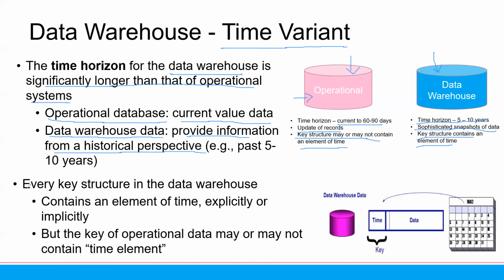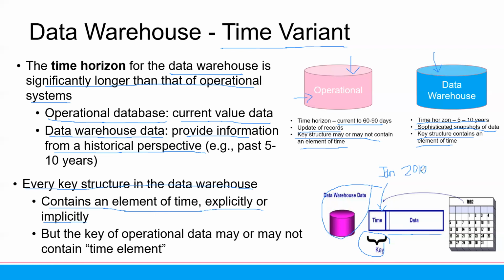So the key structure in the database contains an element of time, explicitly or implicitly. So for example, in the data warehouse, you will have the attribute time, and the attribute time is the key, and the remaining attributes are the data. Maybe, for example, January 2010.